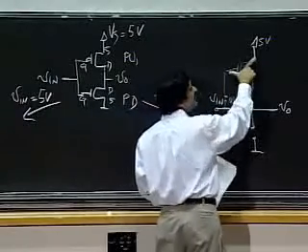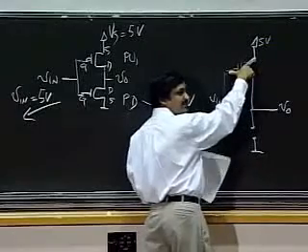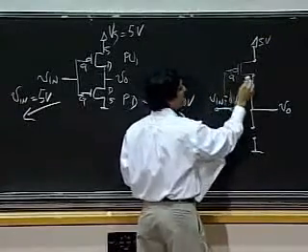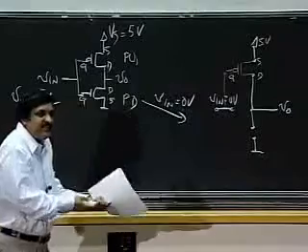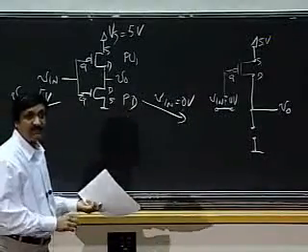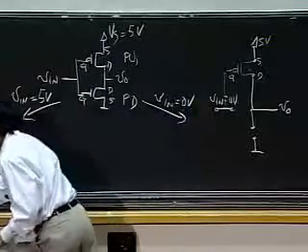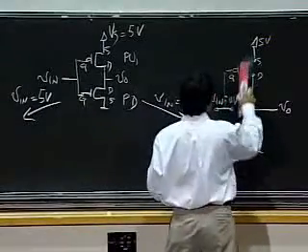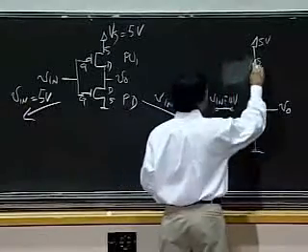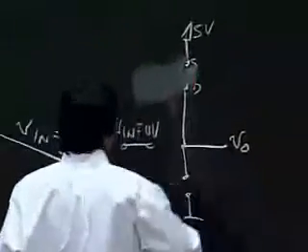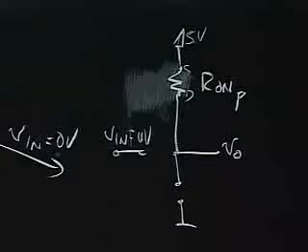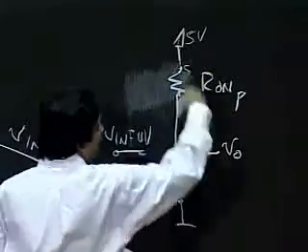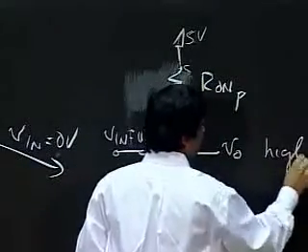Okay, so therefore, the GS of this is minus 5 volts. If this is 0 and this is 5, GS is minus 5 volts. And minus 5 volts is significantly less than the threshold, minus 1 volt in our example. So this one will switch on, and if this one switches on, what I end up getting is R on P out there. So when this one kicks in, it pulls the output high and VO goes high.